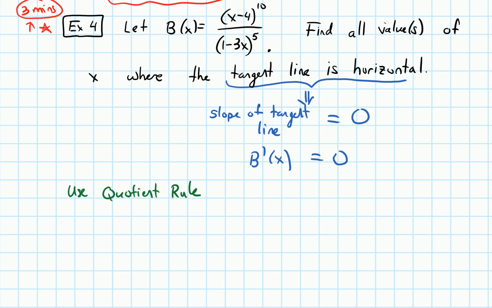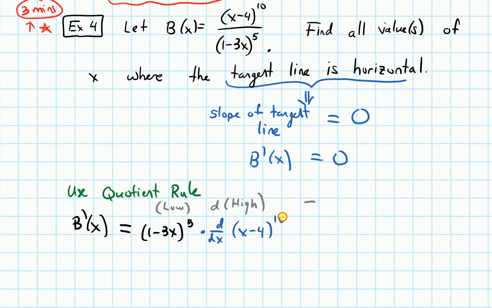So b prime of x, our derivative, is equal to, let's remember our memory trick for a quotient rule: low d high, minus high d low. Let me also put a multiplication here. Let's just write that part for the time being.